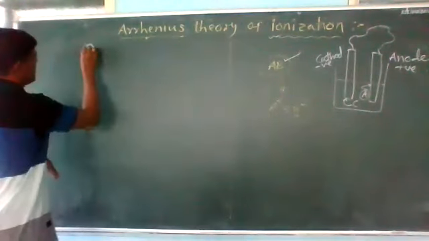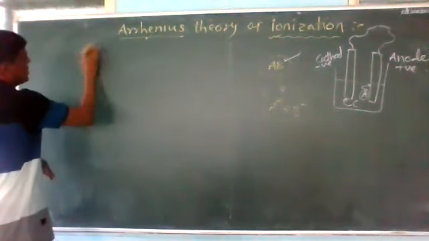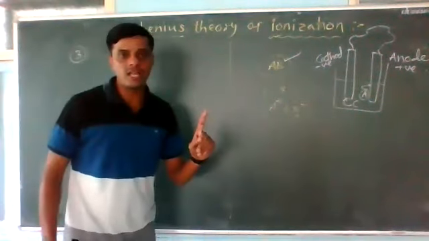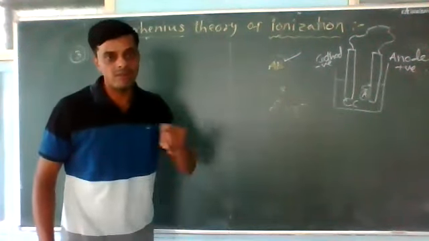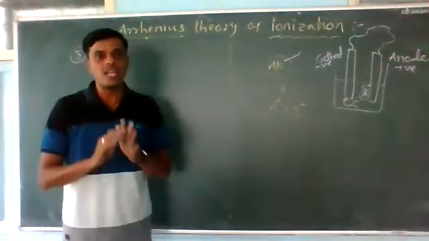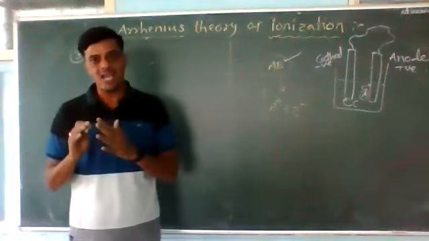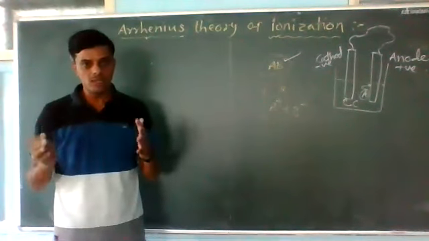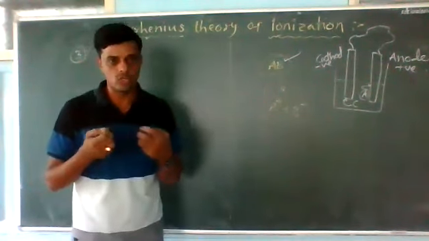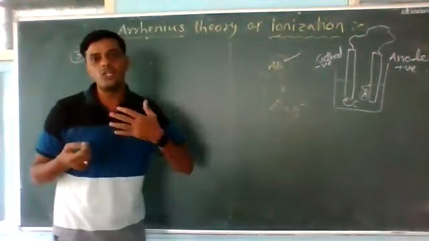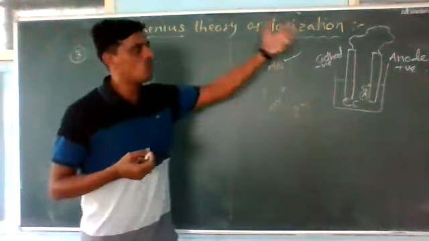But the third observation of Arrhenius theory was that the charged particles in the solution after dissociation are free to move in the solution, and because of the less electrostatic force of attraction between the positive and negative charged ions, they are free to move towards the respective electrode.